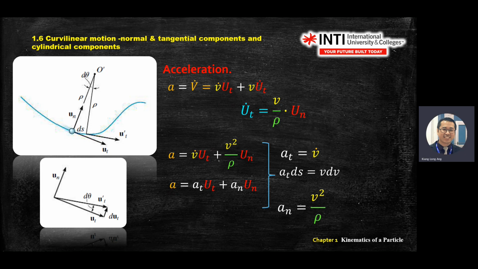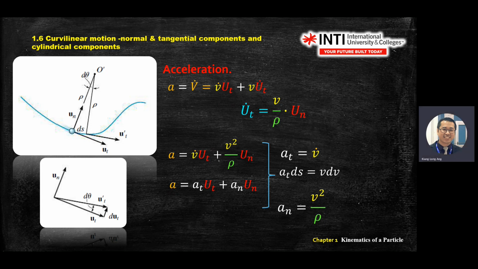Do you understand why suddenly I can write ds v dv? Because v dv is what? Acceleration. So you have acceleration, ds you move to here: a equal to v dv/ds. You substitute here, then you move ds to the other side. Can you see it?